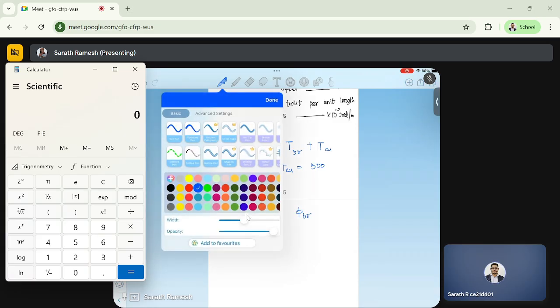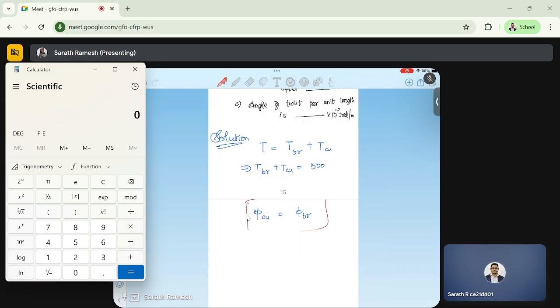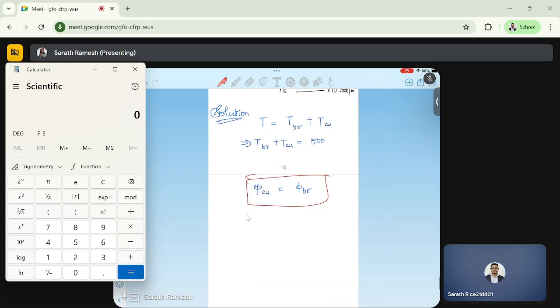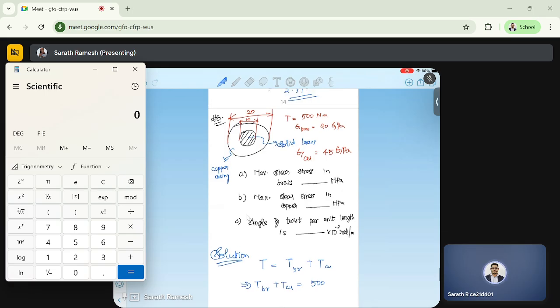This is the important equation which will help us. So TL by GJ of copper will be equal to TL by GJ of brass. This will be equal to T copper. Length is the same, so length we can cut.